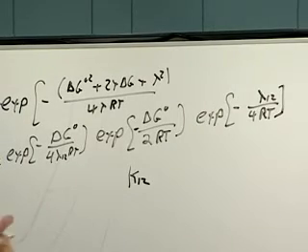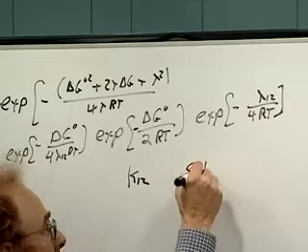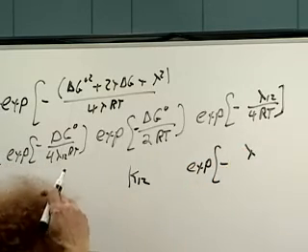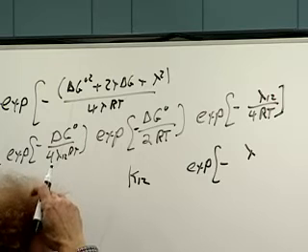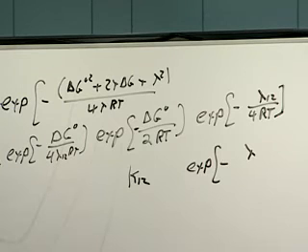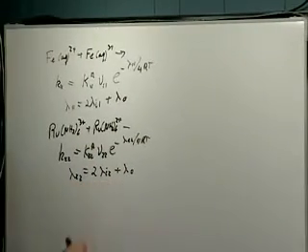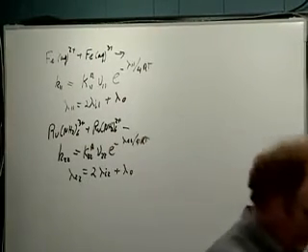This term I replace with lambda. Well, what is it? This term has lambda 1 plus lambda 2 plus lambda 0, and this term has 2 lambda 1 plus lambda 0 and 2 lambda 2. So I say I can just average those two.